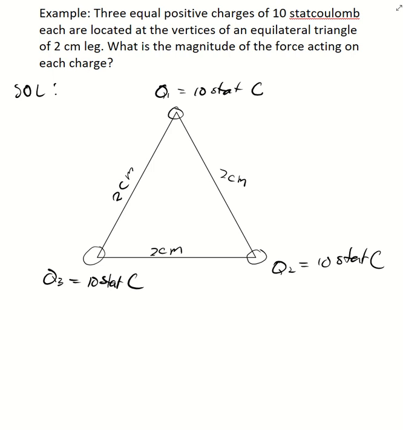We can remove one, then determine the effect of the other. So here, if we remove Q3, disregard Q3, then what will be the force? These are all positive charges. Remember the first law: positive charges repel. So the direction of the force should be the repelling direction. So it should be here.